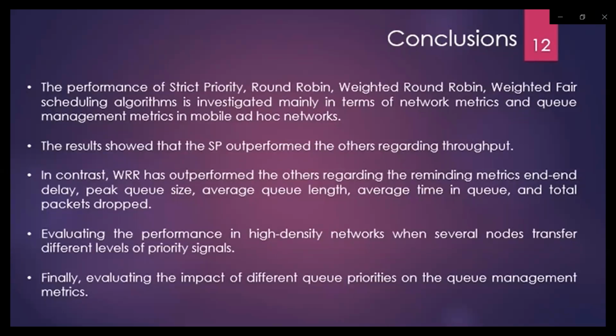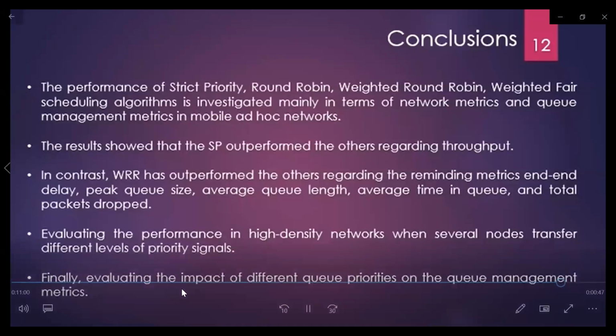In contrast, WRR has outperformed the others regarding the remaining metrics: end-to-end delay, peak queue size, average queue length, average time in queue, and total packet throughput. So, as we presented before, WRR has got better results.